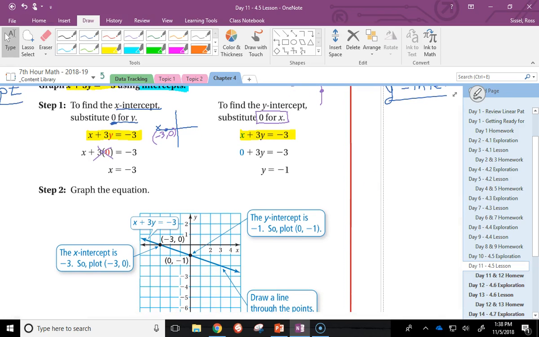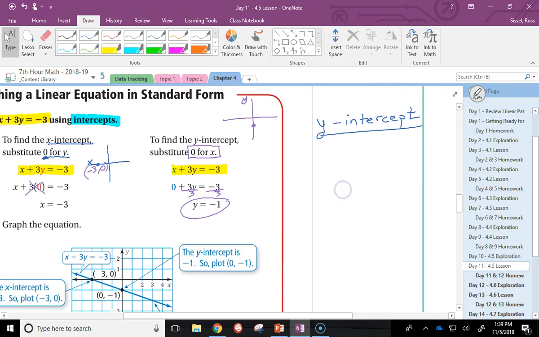And I want to know what y is, so they divided by 3. So I have to divide by 3 on the other side. 3y divided by 3 is y. Negative 3 divided by 3 is negative 1. Well, that means my y-intercept, x-coordinate was 0, and y is negative 1. This point should be 0, negative 1.